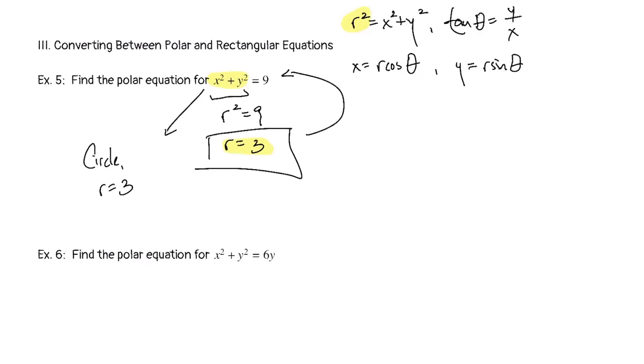But I agree we need to do something with that y, right? Could it be r squared times y? Well, what does the x squared plus y squared substitute into? R squared, right? But we can't get rid of that equal sign. The equal sign's still there. We have to keep it. But what can we sub in for y?